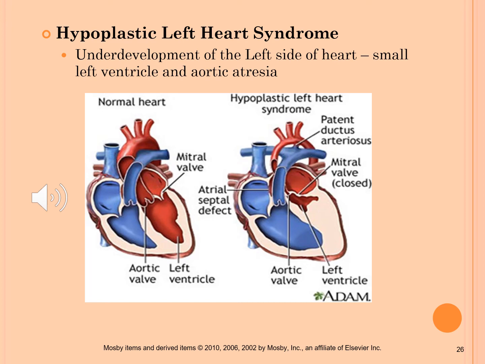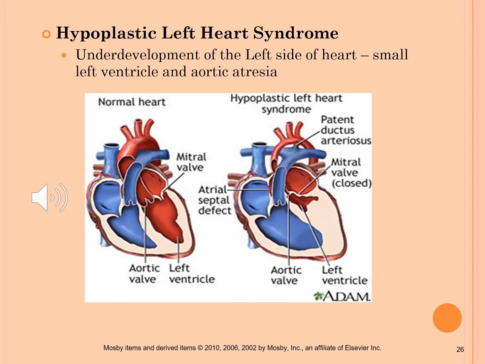That also leads to right ventricular enlargement because, again, things aren't working right. The right side is going to become enlarged. They can have severe cyanosis, and they have a severe decrease in cardiac output. Again, it doesn't have the strength to pump it out to the systemic circulation.